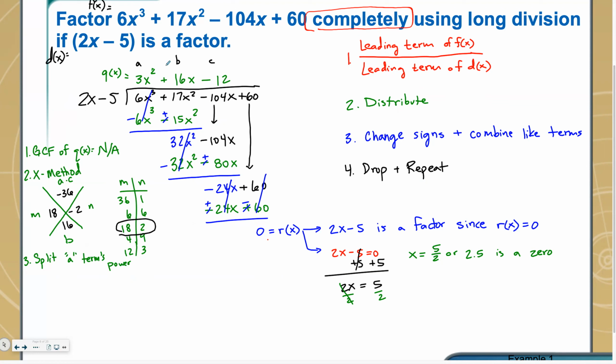So I come up over here and take the A term that's right here and split its power. Its power is a 2. When you split the power 2, what are you left with? Just power 1. So it'll be a 3x in one parenthesis and a 3x in the other parenthesis. So I split the A term's power and I include the two numbers from our X method: the plus 18 and the minus 2.